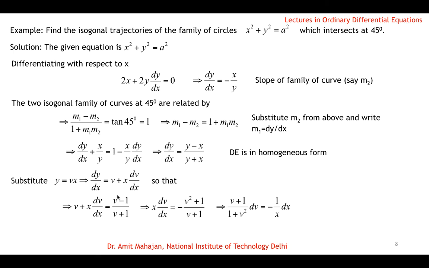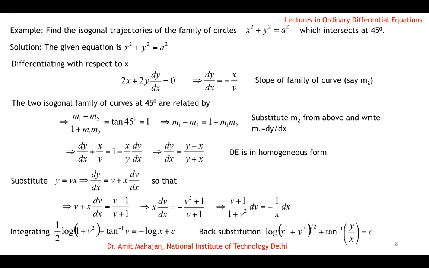We know how to substitute, separate the variables, and integrate to find a solution, and finally back substitute v as y by x. This is a one parameter family of curves, and these curves cut these circles exactly at 45 degrees, so they are isogonal curves.